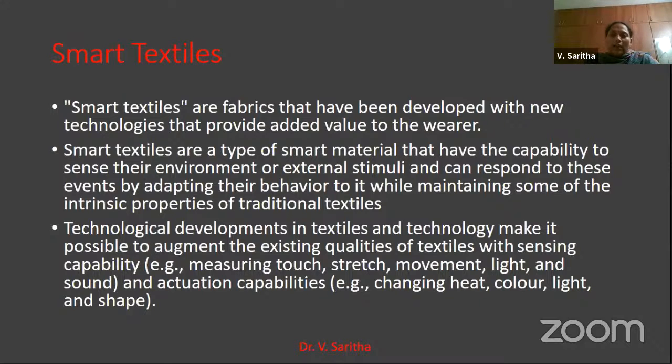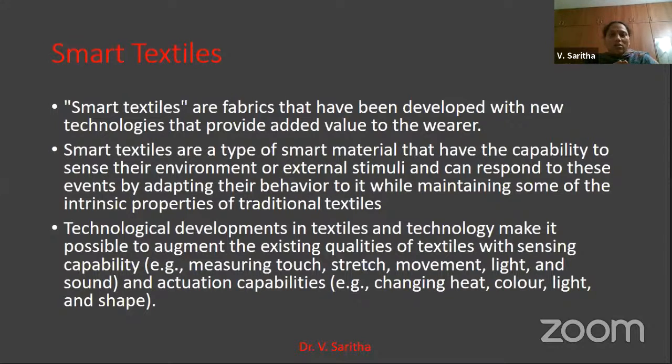So then immediately what comes into our mind is that maybe the textile will not be comfortable for us to wear. If it is not smooth enough, nowadays no one is preferring textiles if they are not comfortable. So immediately, if I say that textile is going to be incorporated with smartness, that is with electronic circuits or something like that, what comes into our mind is that it might not be a comfortable thing.